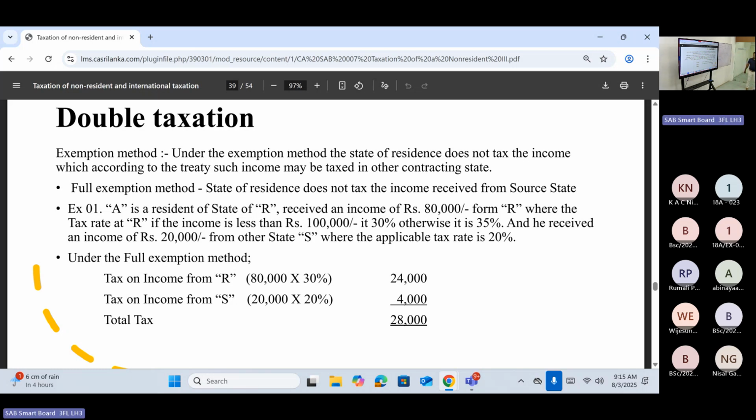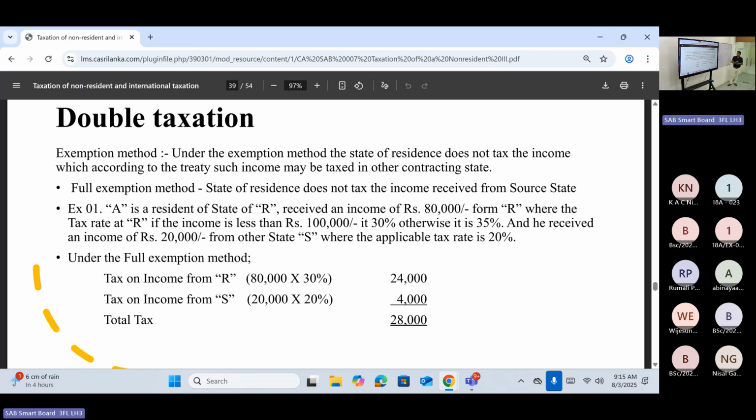Under the full exemption method, we are not considering this 20,000 in country R. Therefore, his total taxable income in R is 80,000, which is less than 100,000, so we can apply 30%.